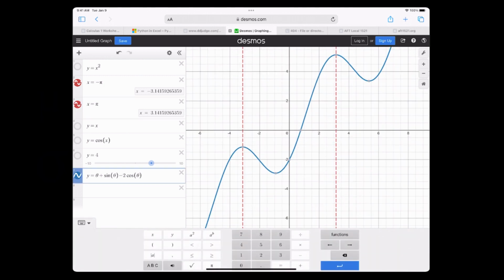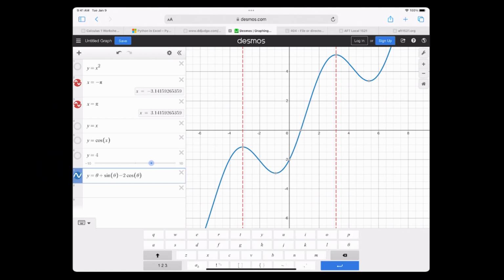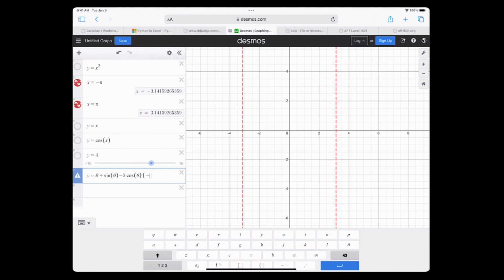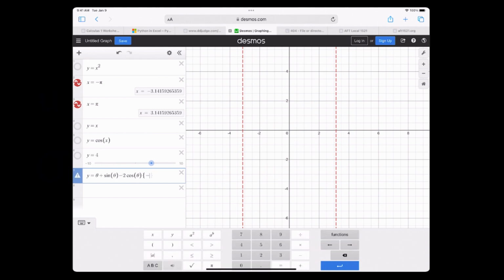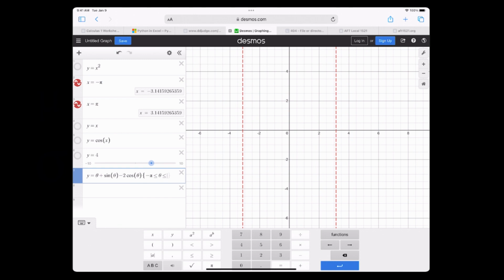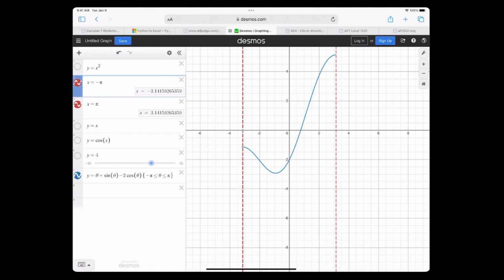In fact, I could just even do it this way here. I could even just restrict the domain. You know, see it that way.